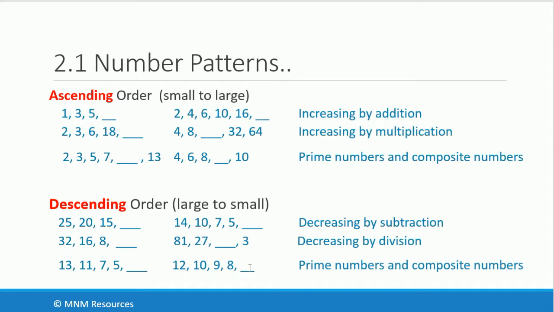Is 6 a composite number? Yes, because we know that all even numbers except for 2, which is a prime number, are composite numbers. So all even numbers are composite numbers. The only exception is 2. So we know that 6 is the next composite number. And the response to this question is 6.